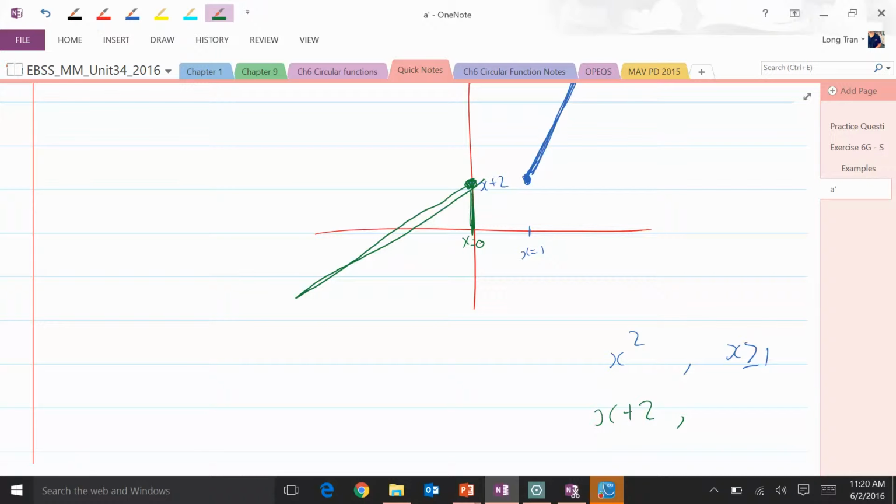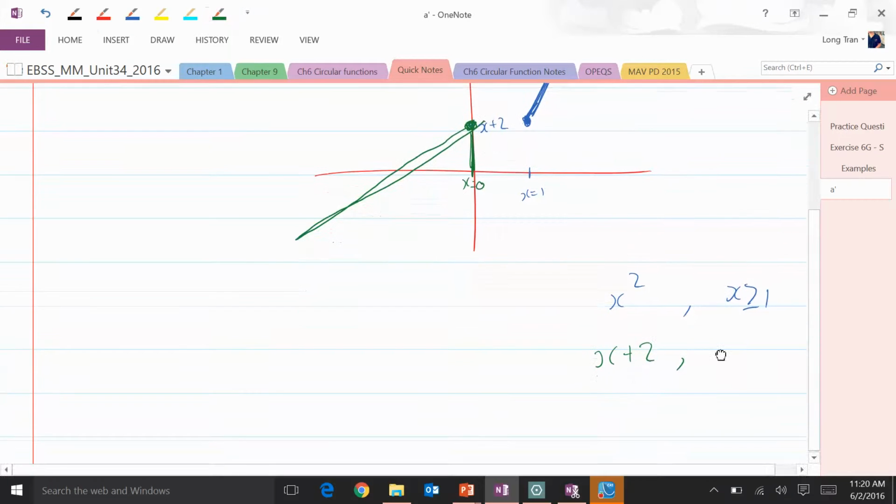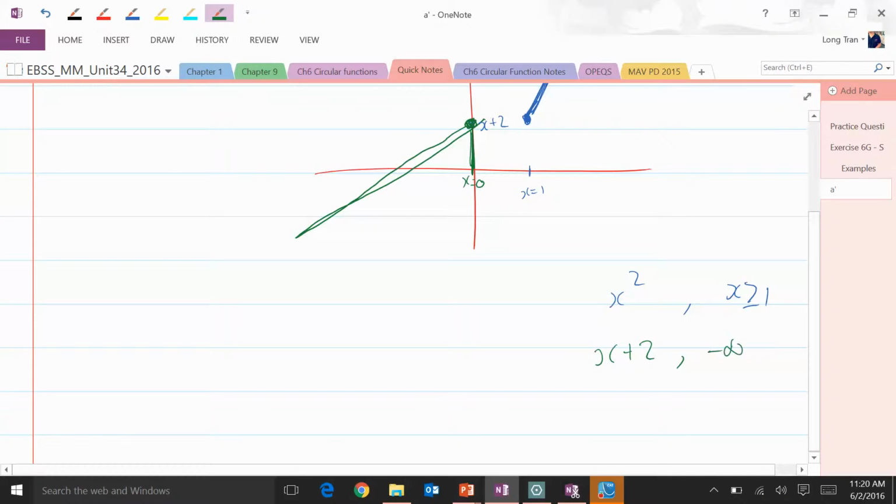So I change my domain. For your graph, I'd say from negative infinity up until 0, and including 0. Okay, and this would scrap your straight line all the way up until 0, and then this would also graph the parabola from x equals 1 to infinity.